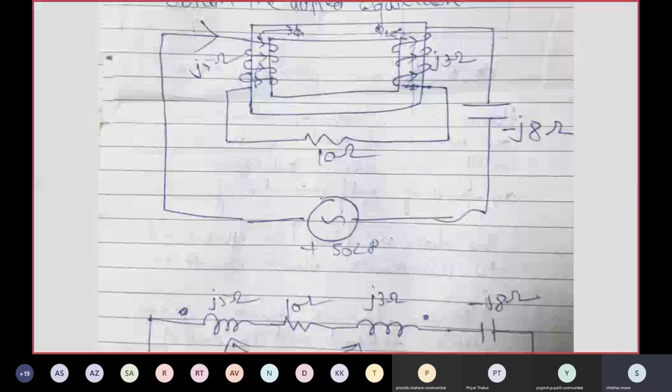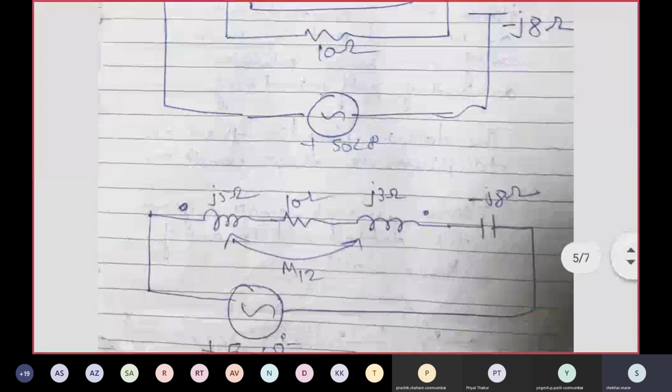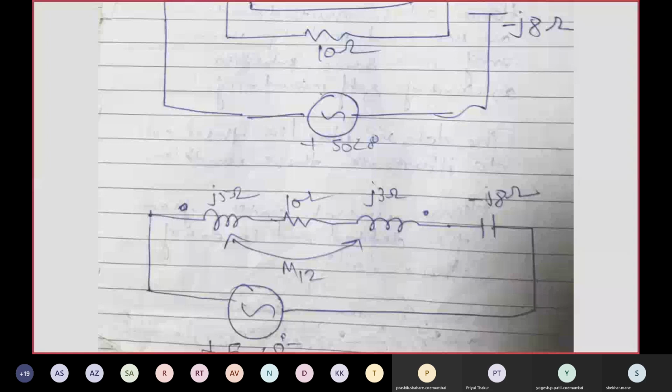In the same way, in j3 ohm also the flux is in the upward direction. So both fluxes are opposite to each other. That's why the dot convention is shown like this. So this is the equivalent circuit of this actual circuit.